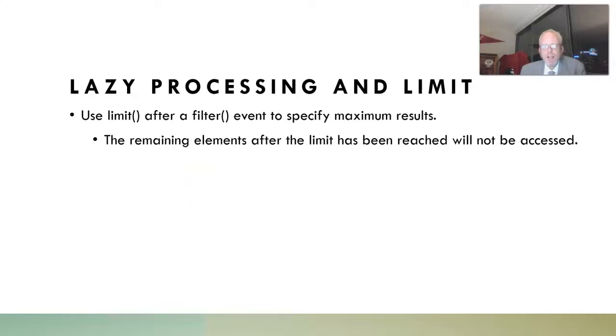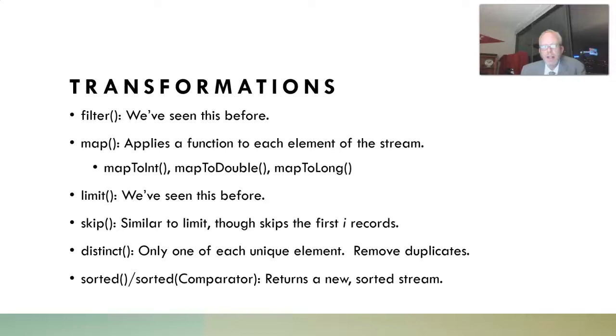So lazy processing. I mentioned that if you use limit, once it hits that limit, it stops processing the stream. So it's effectively lazy, which is handy. A lot of these we've seen before: filter, map, limit. A couple we haven't seen: skip. Skip is kind of like the opposite of limit, where limit says stop when you've reached this number. Skip says start when you've reached this number.